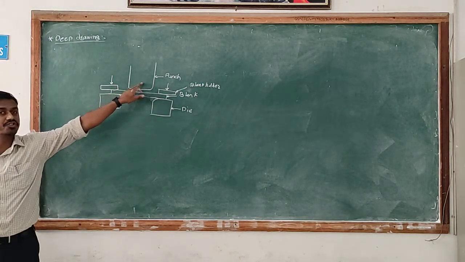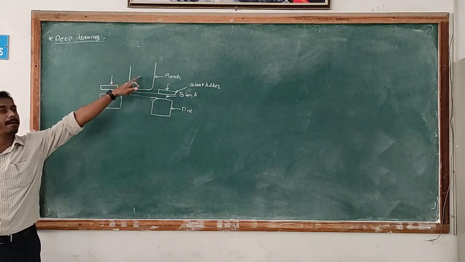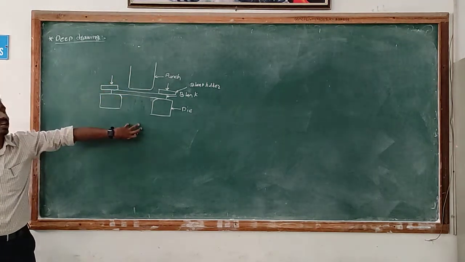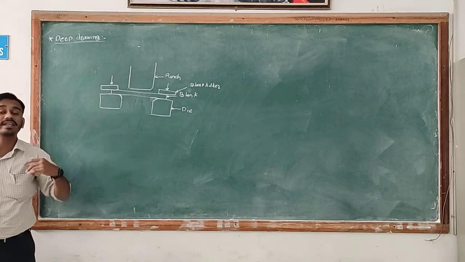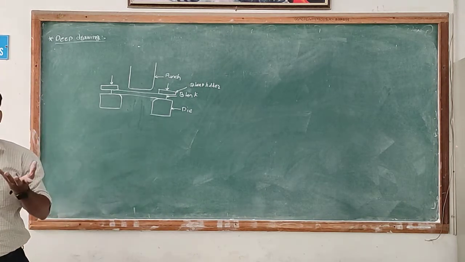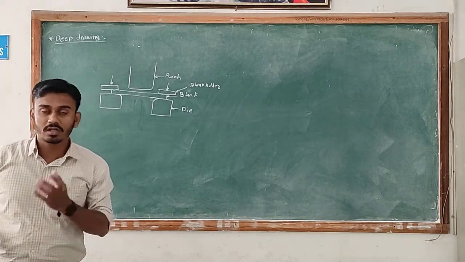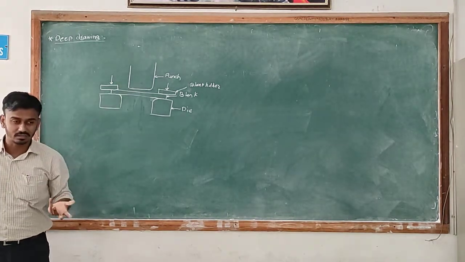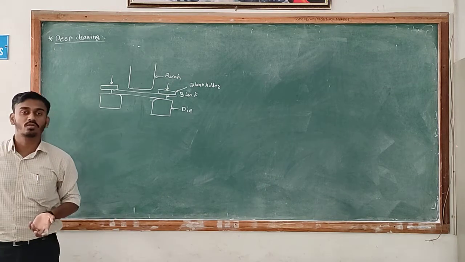Then this is a punch and this is a die, and when we apply the force on the punch, this material will flow inside this cavity, and we will obtain the required output as a cup shape. So this process is called the drawing process. What are some applications of the drawing process?